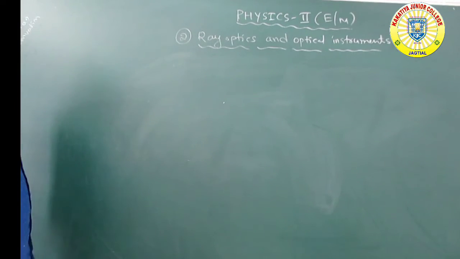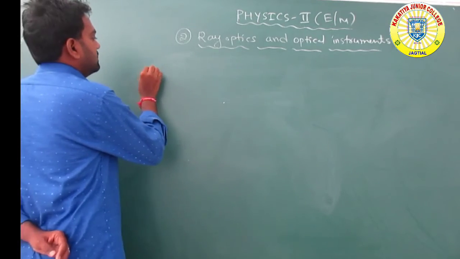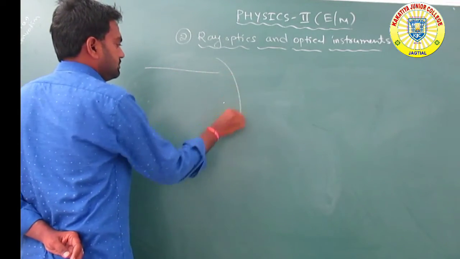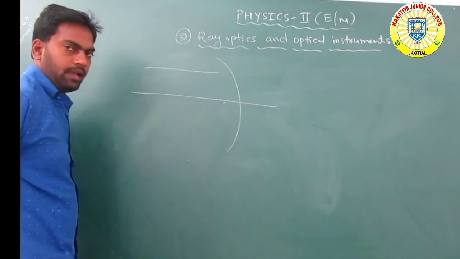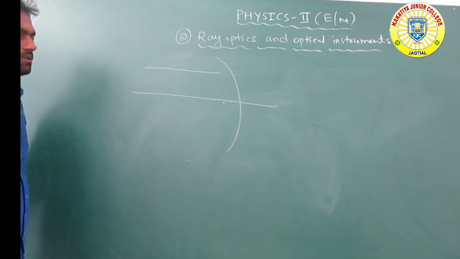What is the principal focus? For example, this is a concave lens, and this is the principal axis, which is normal to the lens.